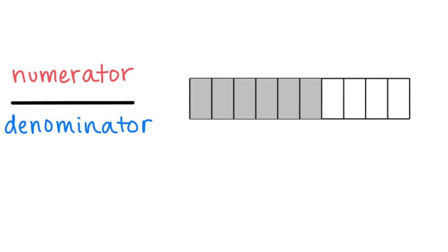Well, let's count. 1, 2, 3, 4, 5, 6, 7, 8, 9, 10. Awesome! So now we know that our total, or our denominator, will be 10.